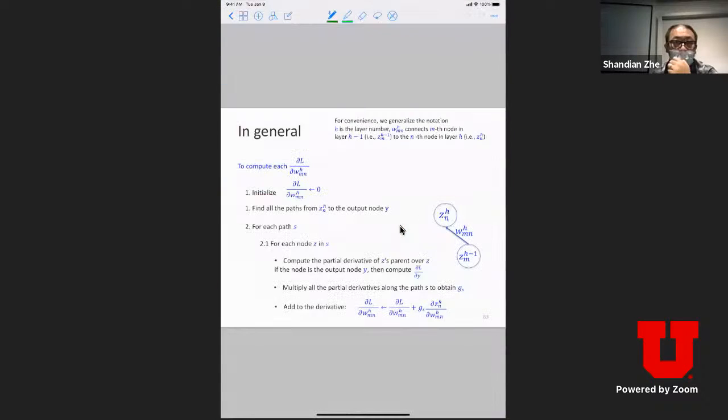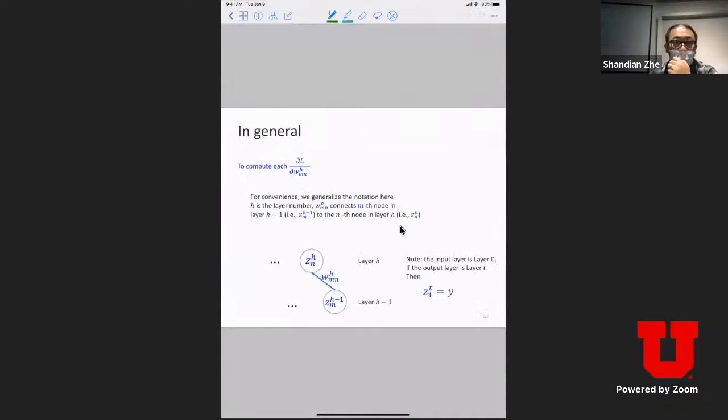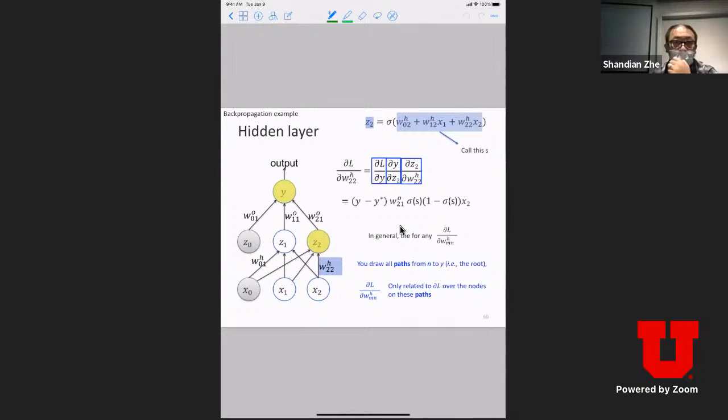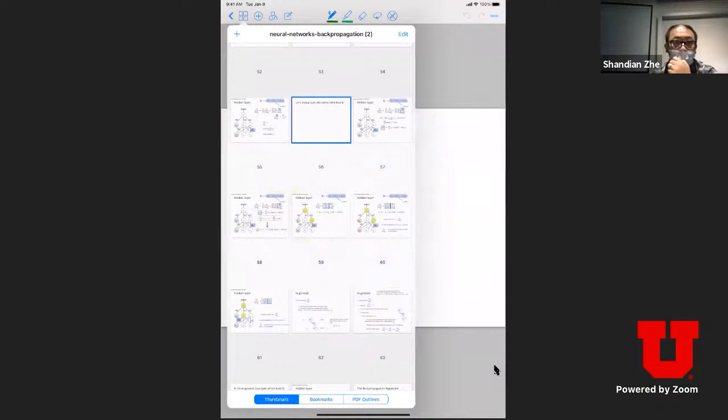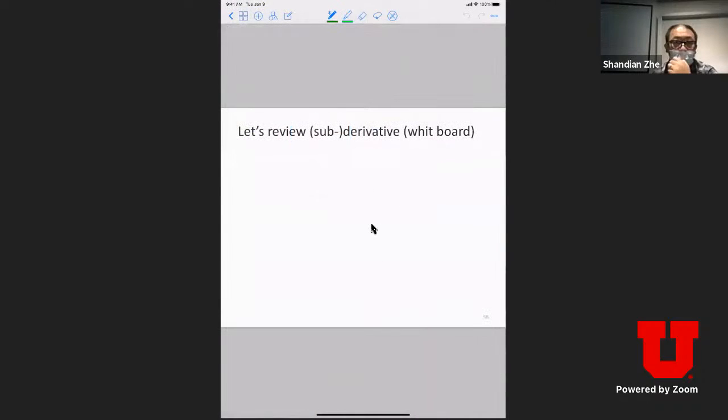Sorry, when I wear the mask, the Face ID doesn't work.